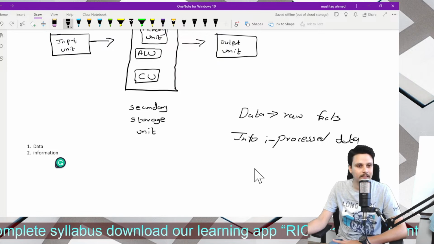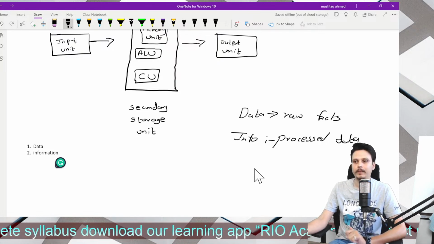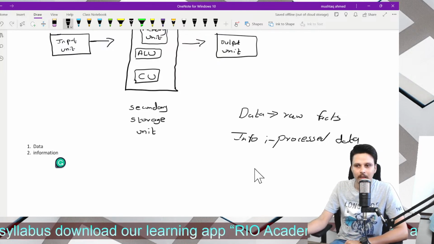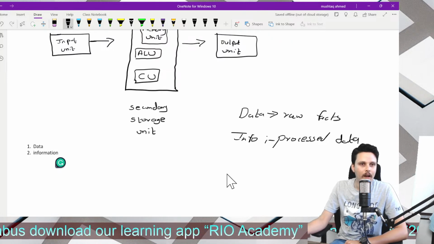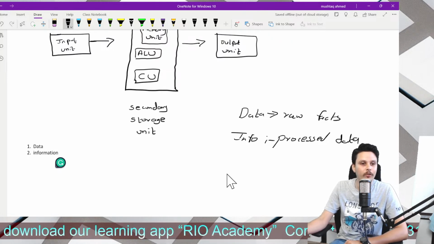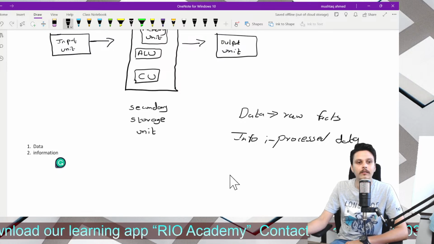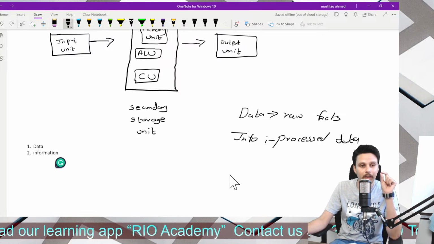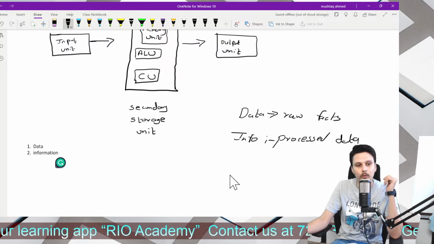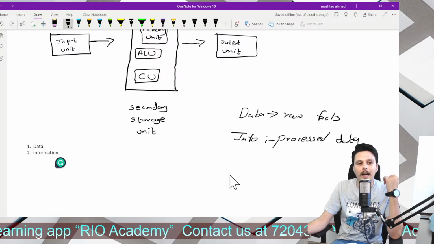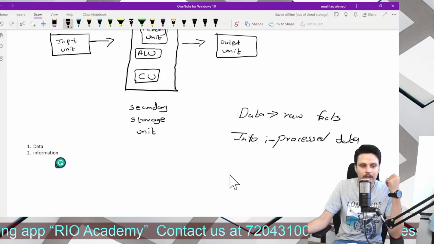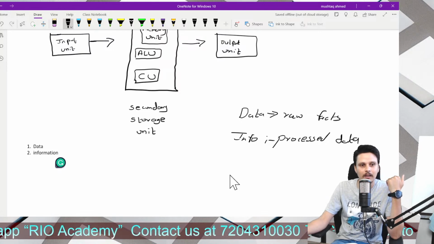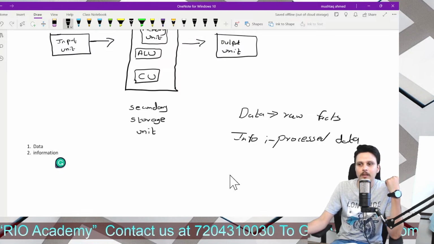When you visit a bank, for example, the bank employee will ask for your information, not your data. It means they need some important information from you. That's why they ask you to provide information like Aadhaar card, PAN card, voter ID and so on.